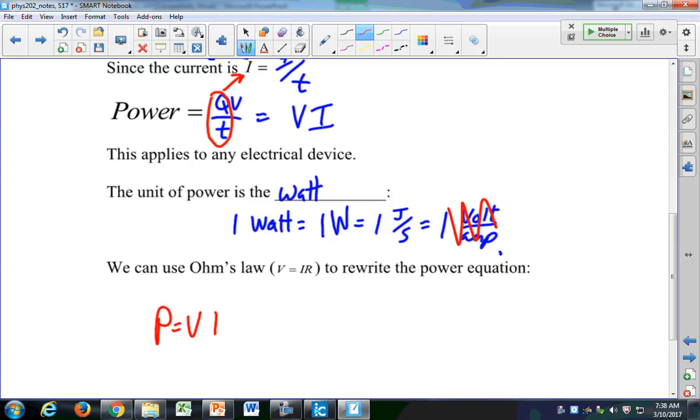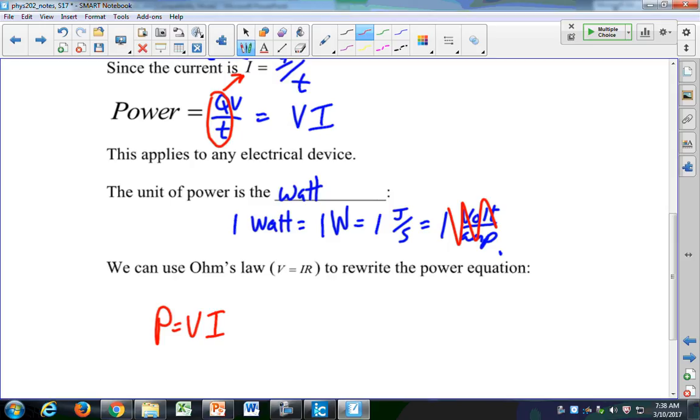That's our basic expression for power, and electricians use this a lot to figure out when they're designing a circuit, how much current will a particular device draw? How much current will a particular device use if it operates at a certain voltage? Especially like home electricians, because they know everything operates at 120. If you have a 1,000-watt device, then you can calculate the current that that device is going to be using. But anyway, that's our basic expression.